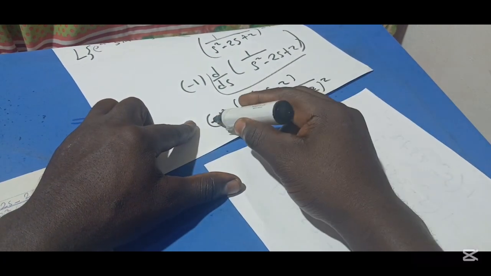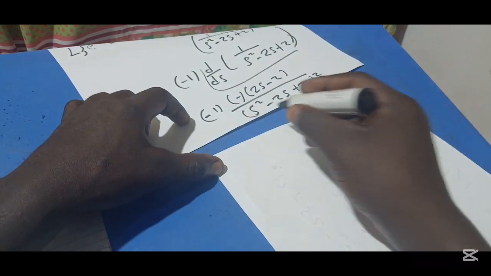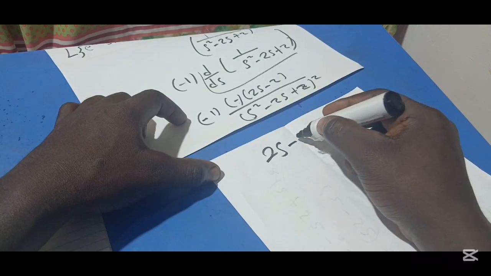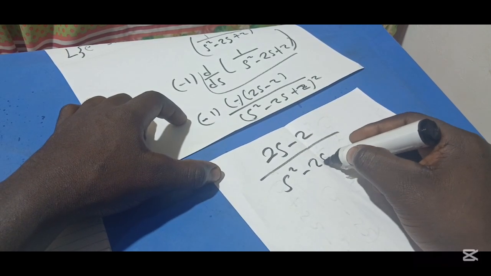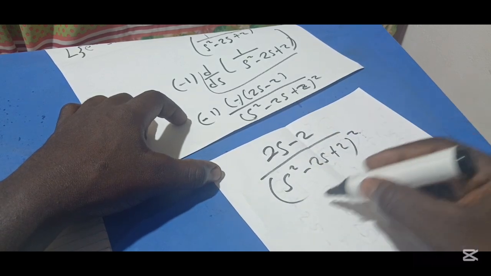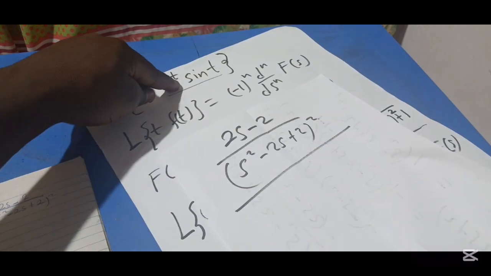Now that I have a minus here, this minus can take care of that minus, so that will just go away. So I'm left with 2s minus 2 all over s squared minus 2s plus 2 all to the power 2. So this is our final answer for a problem like this.